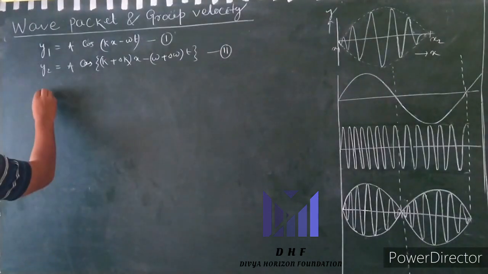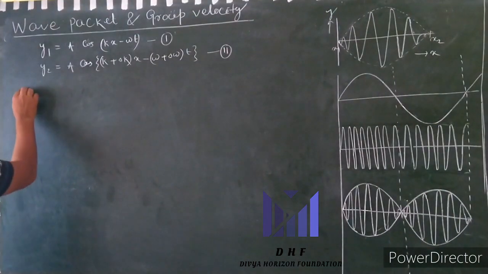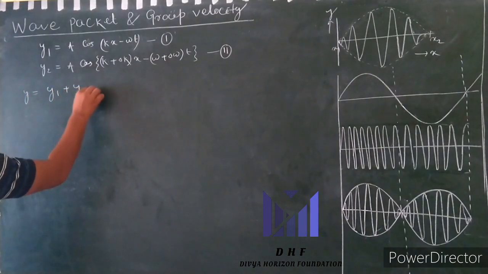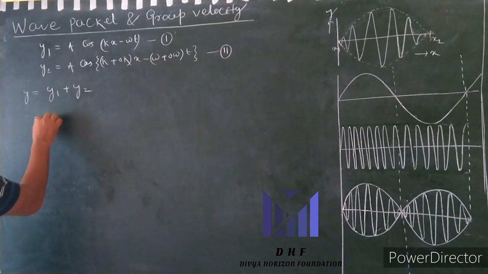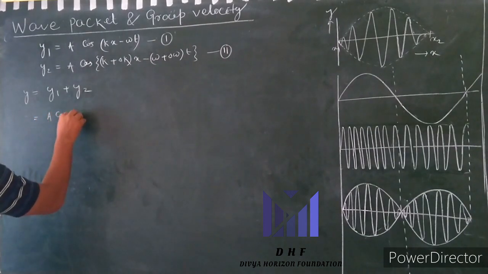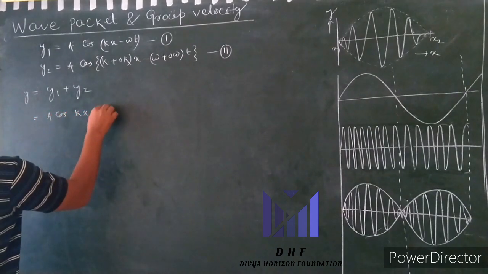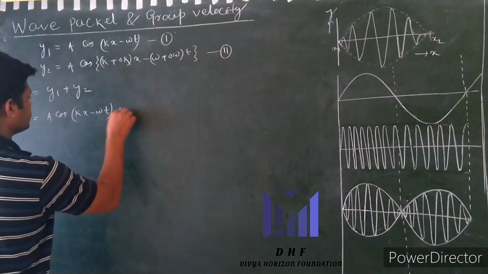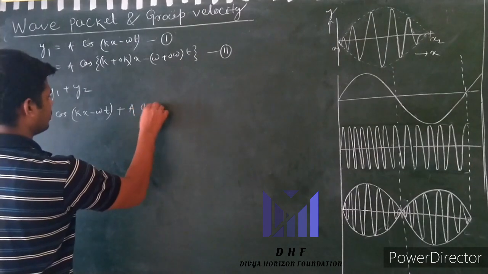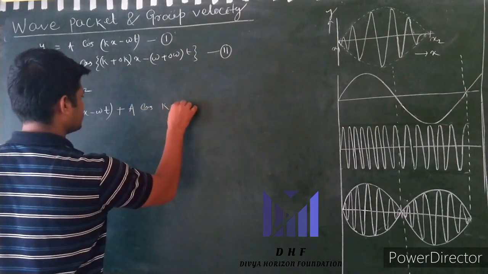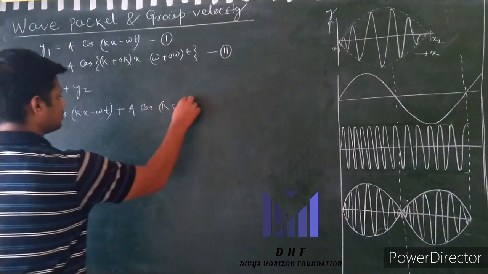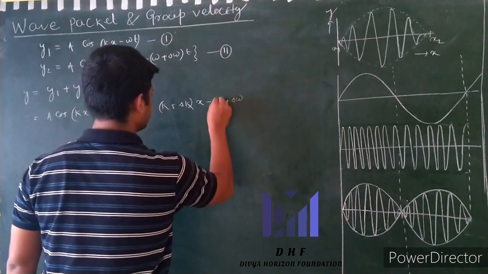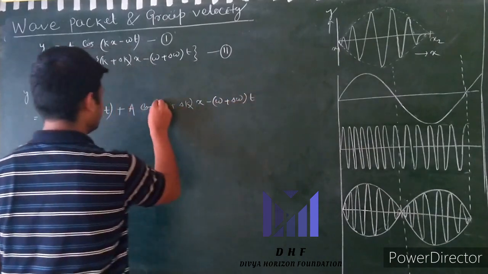So, the net displacement y is given by y1 plus y2, that is equal to a cos(kx minus omega t) plus a cos((k plus del k) into x minus (omega plus del omega) into t).